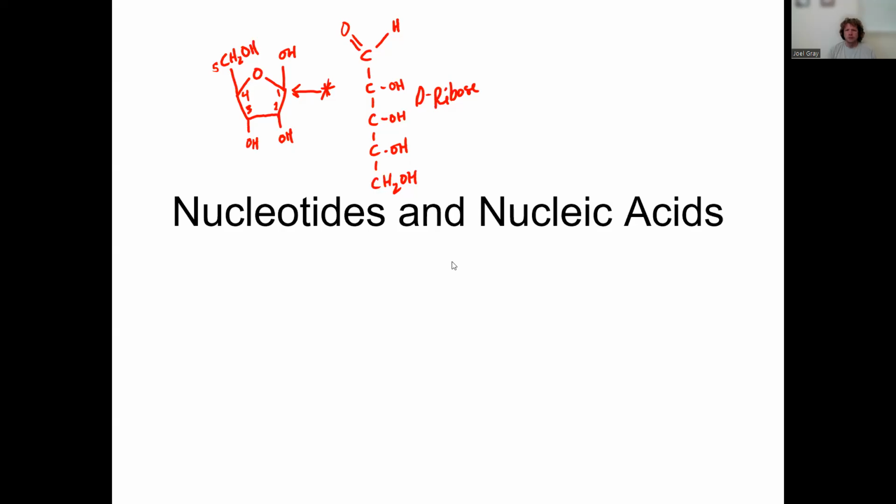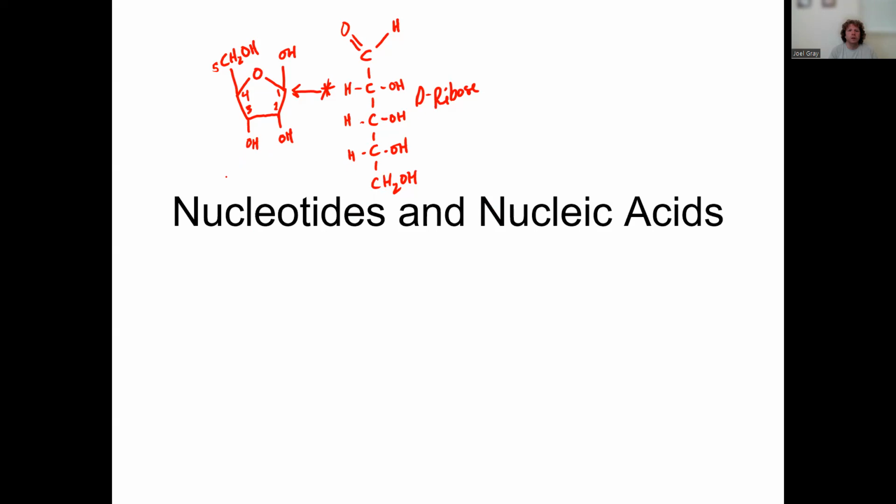So we've got D-ribose in linear form. And I didn't draw the hydrogens, but I'm going to go ahead and do so on my linear form because I do want to have a complete molecule there. Now, when I've cyclized this, this is a 5-membered ring. If you remember, we have 5-membered and 6-membered rings.